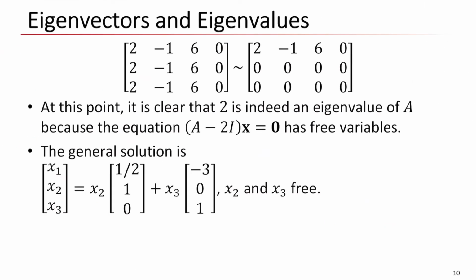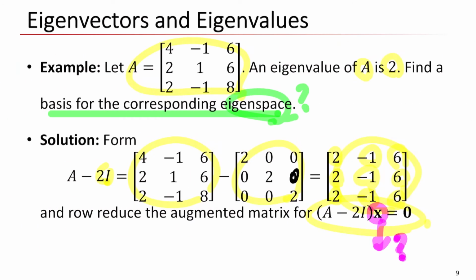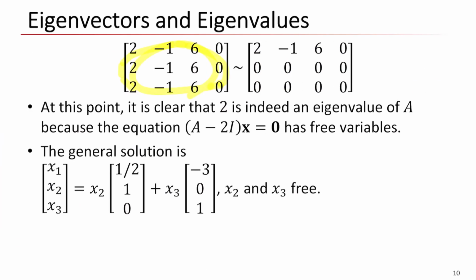Okay, so let's do that. From this matrix, this augmented matrix, how can we do that? Okay, we can easily eliminate these two terms by multiplying negative 1 on row 1, and then adding that output to row 2 and row 3.